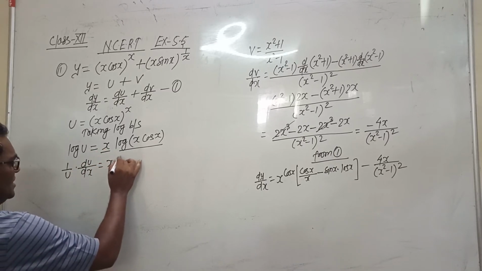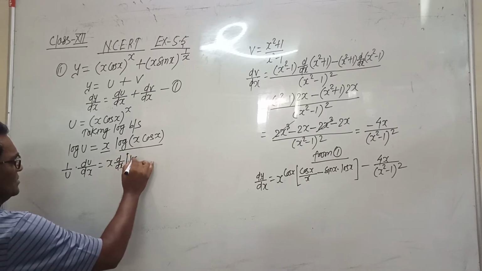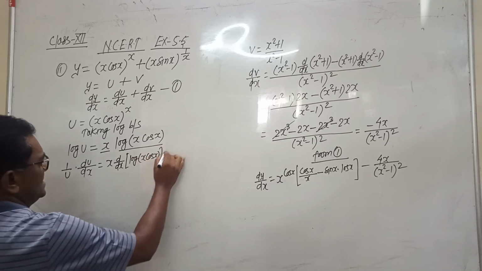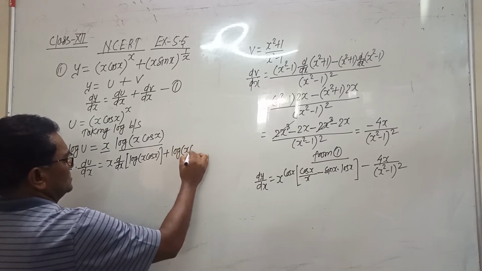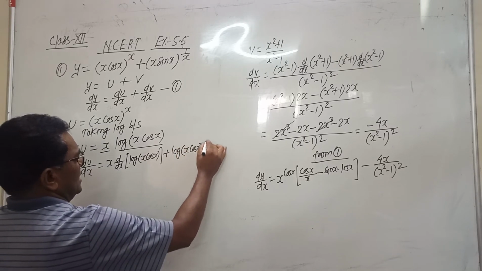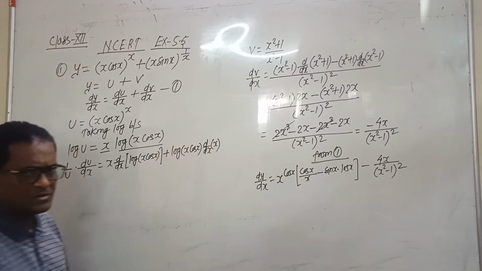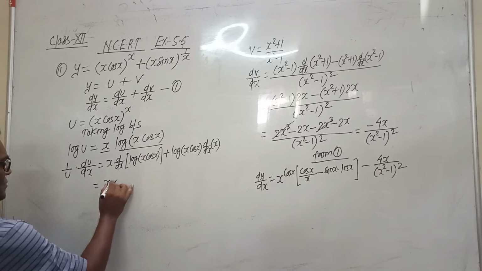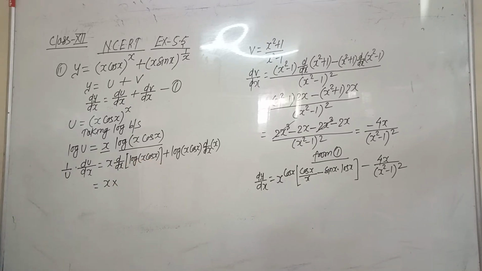u as it is and d by dx of log x cos x, plus log x cos x as it is and d by dx of x. So x into differentiation of log x cos x, where in place of x there is x cos x.